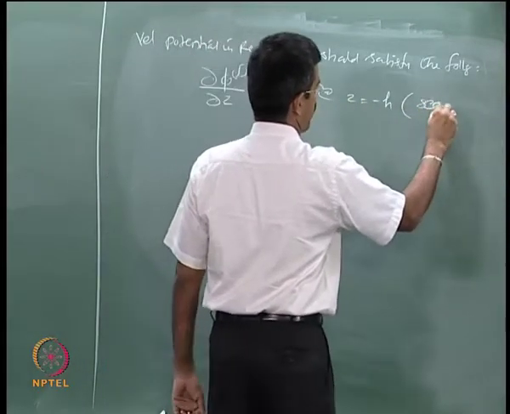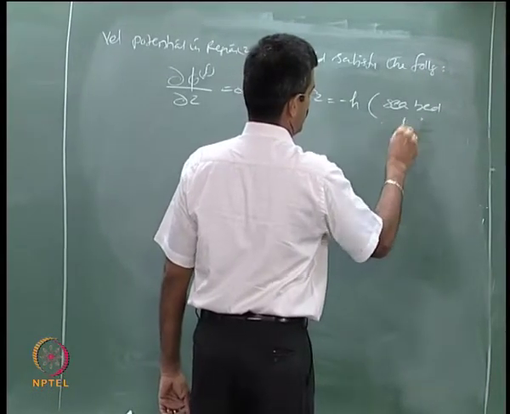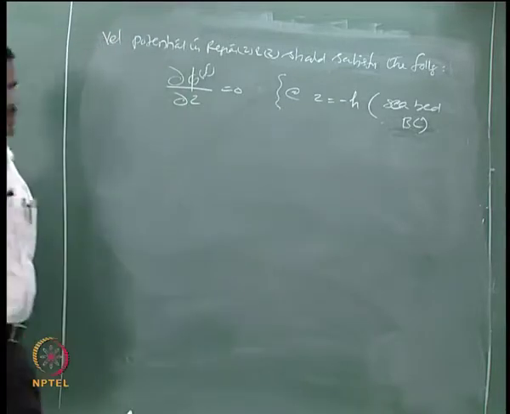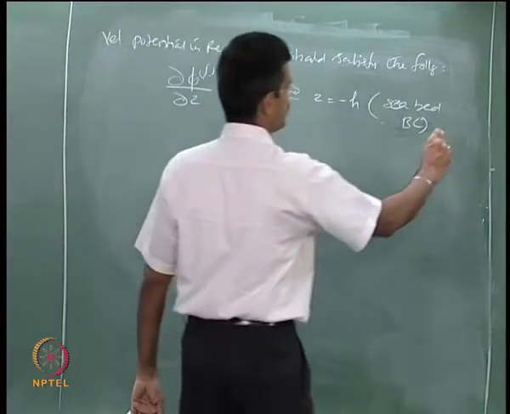That is seabed boundary condition, because z is minus h. I will call this equation number 7.